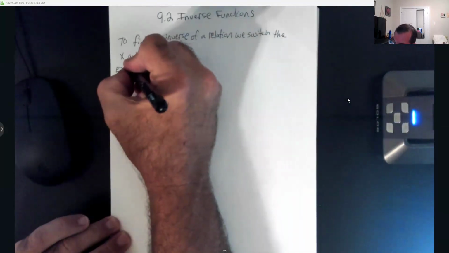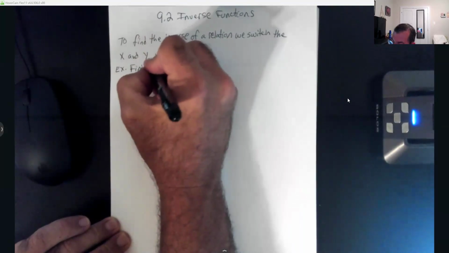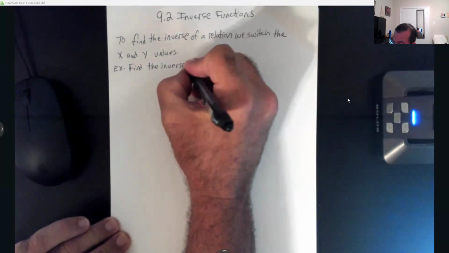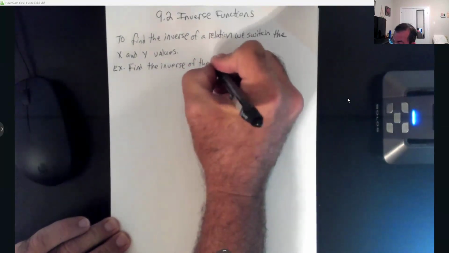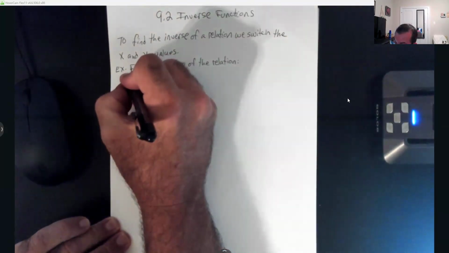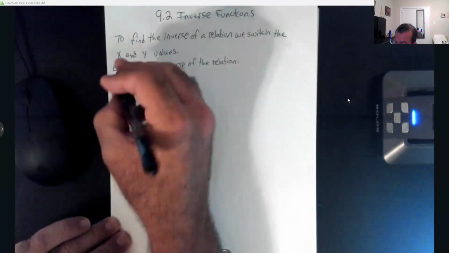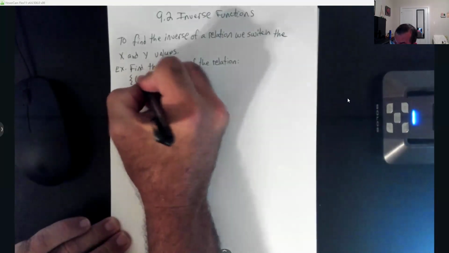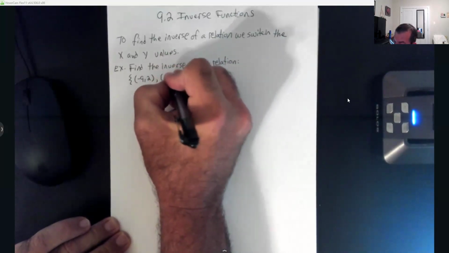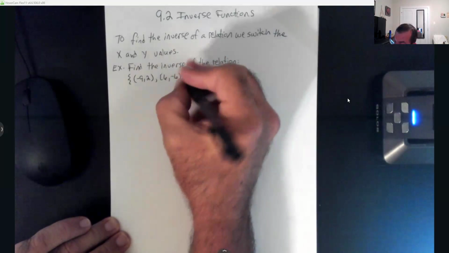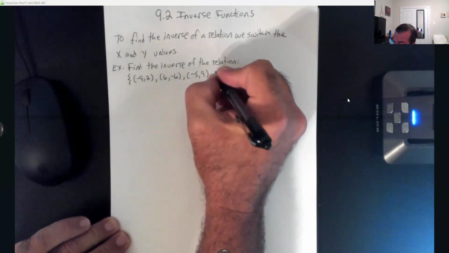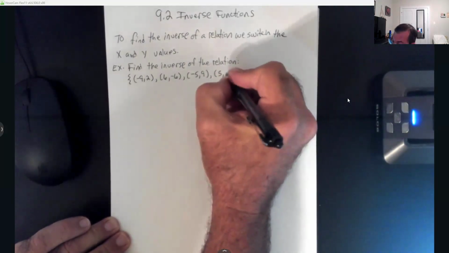So on this one, they want me to find the inverse of the relation. The relation they're giving me is (-9, 2), (6, -6), (-5, 9), and (5, -5).